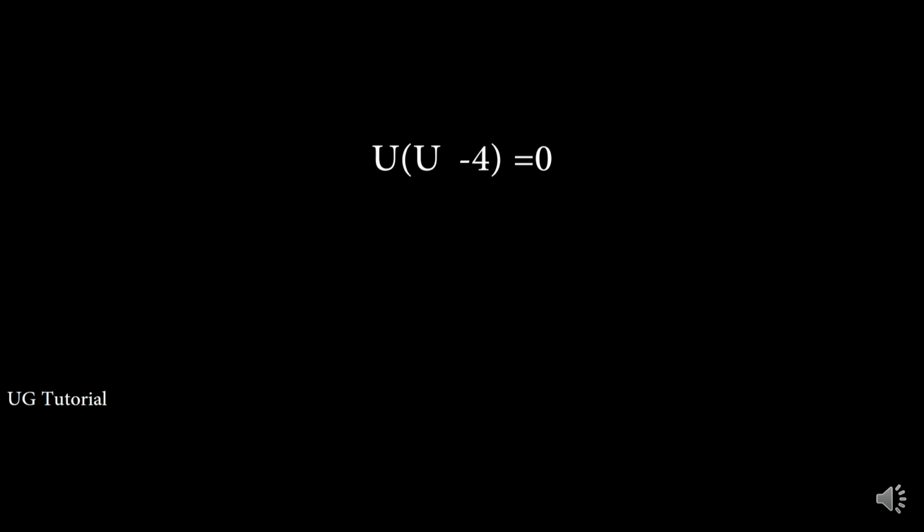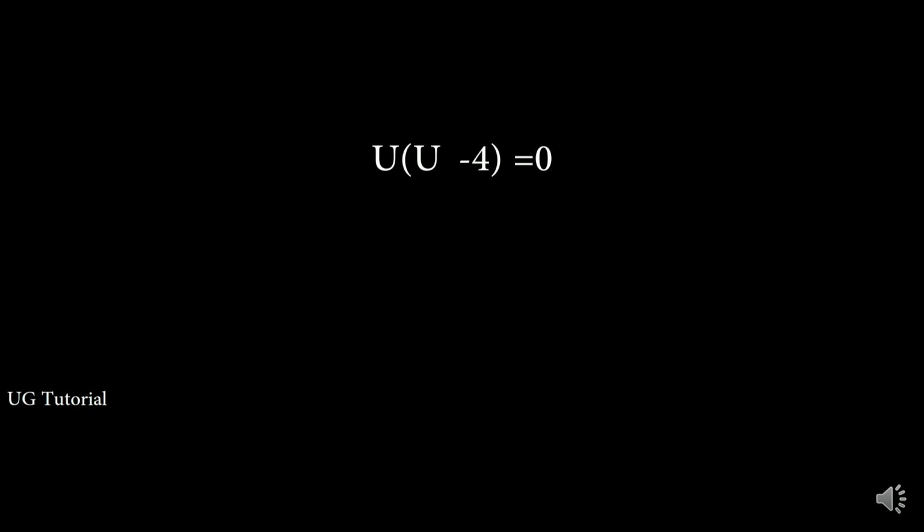I can either say directly that my u is equal to 0 and my u minus 4 is equal to 0. Then bring minus 4 to the other side. That will be u is equal to 4. Since we were told that our final velocity is 0, then our initial velocity is not 0. Then our answer for that question is u is equal to 4.